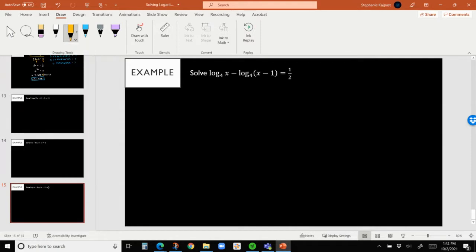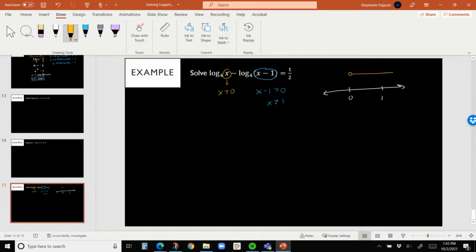So here we know that x has to be greater than 0. And here this tells us that x minus 1 needs to be greater than 0, which when you solve says that x has to be greater than 1. So if I made a number line, I've got 0 and 1 on my number line.